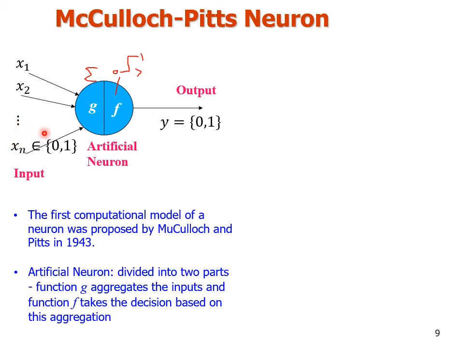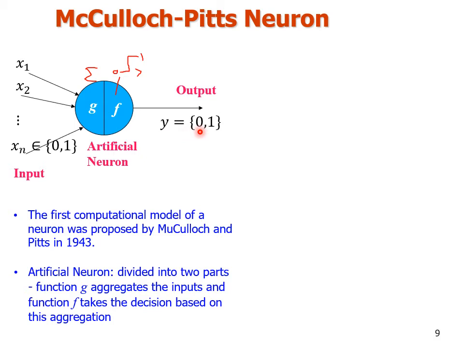Based on all these inputs, the neuron finds the aggregate, and this function f, based on the value of g, decides whether to fire the neuron or not. If the neuron gets fired, that means y equal to 1. If the neuron is not fired, y is 0.